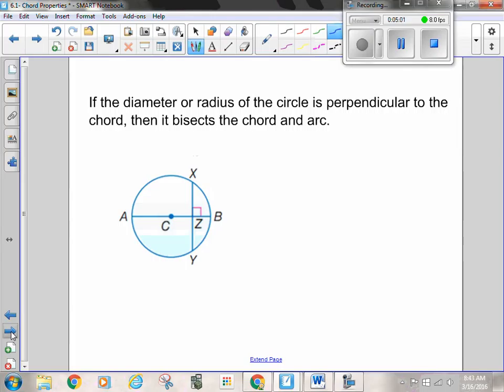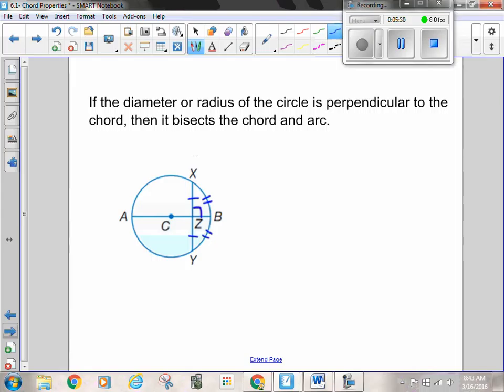All right, if the diameter or the radius of a circle, so something that goes through the center, is perpendicular to the chord, and that's shown here with our little right angle, then it bisects the chord and the arc. Bisects, remember, means it cuts it evenly in half. So the chord is split into congruent pieces because of the diameter being perpendicular, and my arc is bisected.